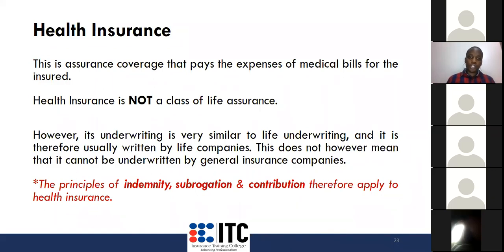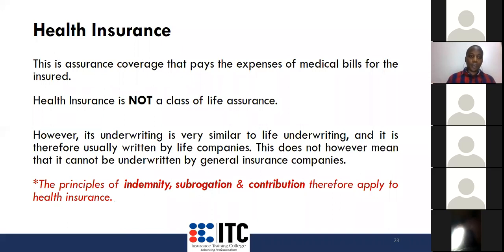If I go to the optician, there'll be a cost of consultation, the cost of the lenses, the cost of the frames. That's a loss to me because my eyes got a certain defect.